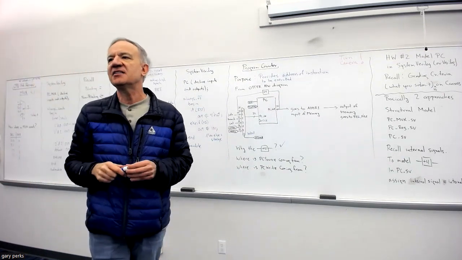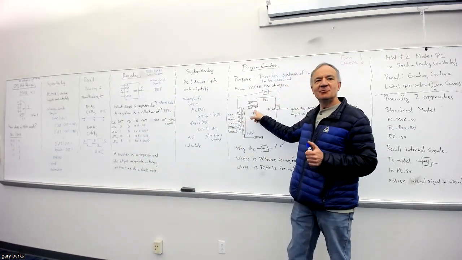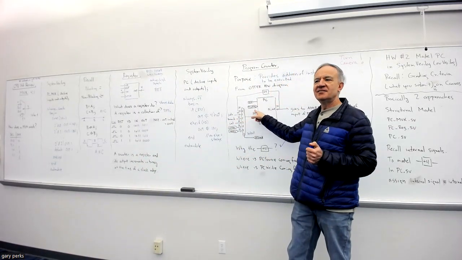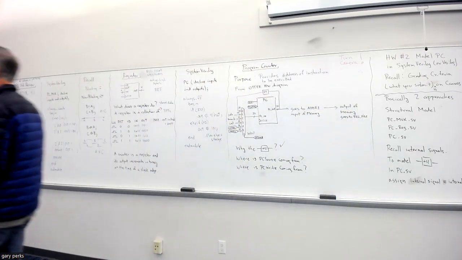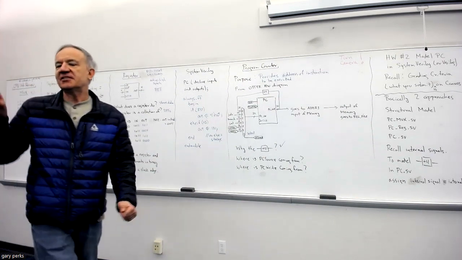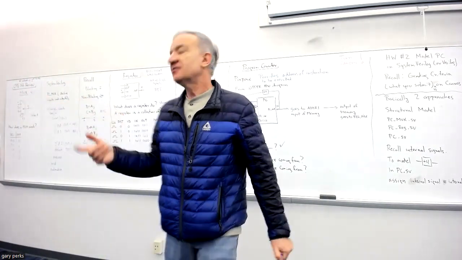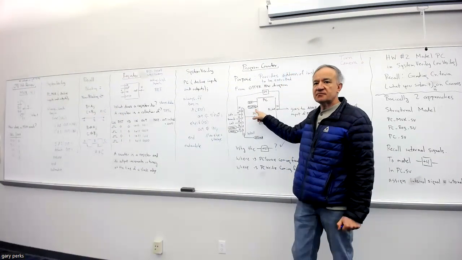What are those outputs mainly? Most of the outputs of your control unit FSM are reads and writes. For example, PC write comes from the FSM.